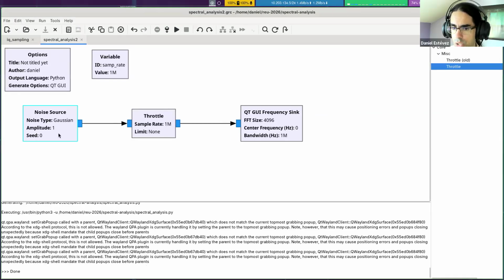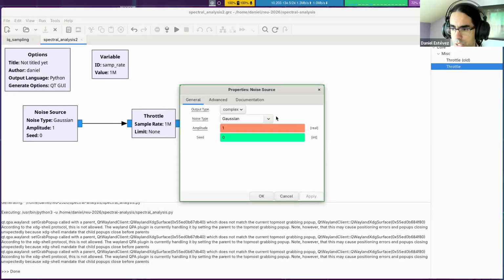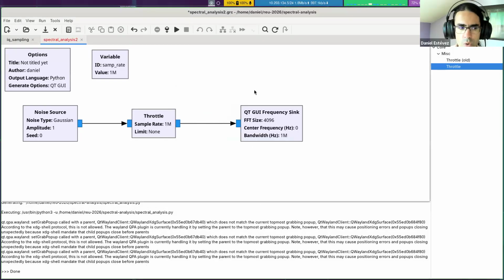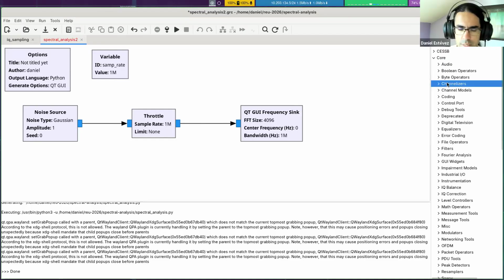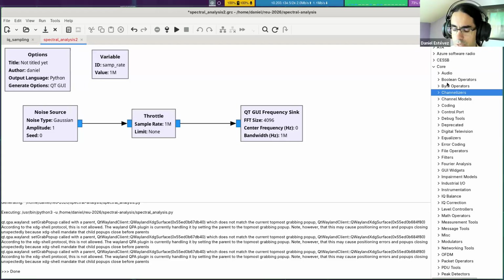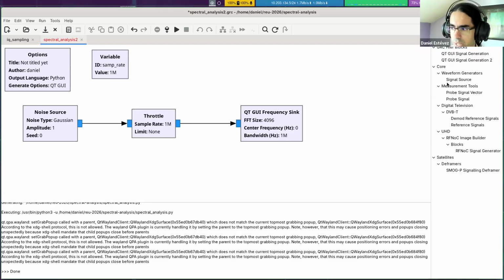This noise source can be used to generate Gaussian noise. It can also generate other types of noise, but to be honest with you, the other kinds of noise are used very infrequently in signal processing. So Gaussian noise, so far so good. Another signal type that we already know how to generate is a narrowband signal. That is a signal which occupies a single frequency. We know how to build that.